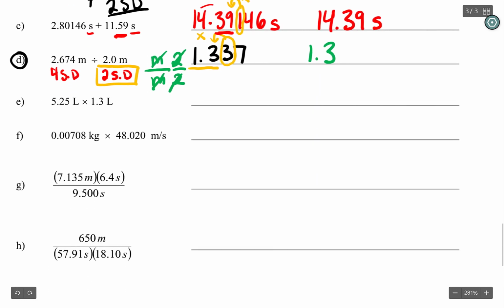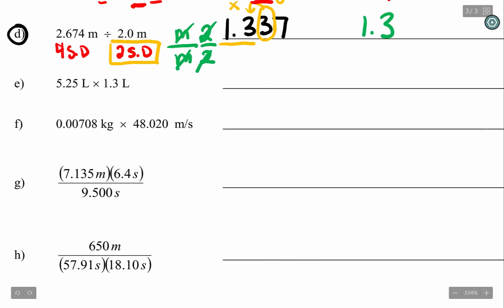For letter E, we're dealing with a different set of rules. We're now multiplying. So we need to count out the number of significant digits in each number. So this would be 3 significant digits, and this would be 2. So I need to have 2 significant digits in my answer. I would punch this value into my calculator, which would give me 6.825.